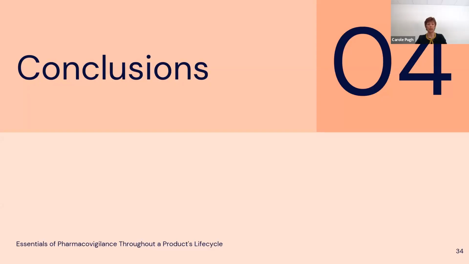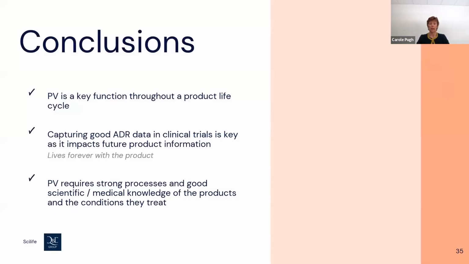So really, in conclusion, I hope that we have given you an introduction to pharmacovigilance, and we've shown you that this is a key function throughout a product's life cycle.